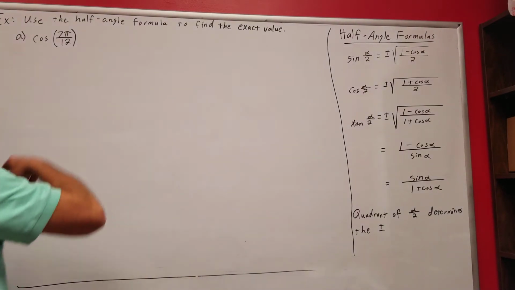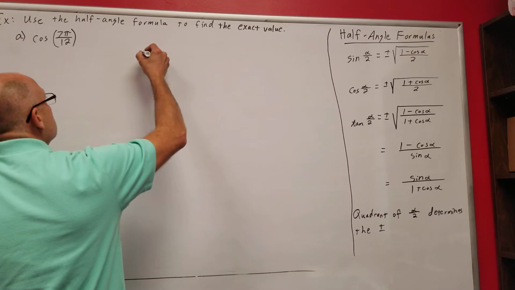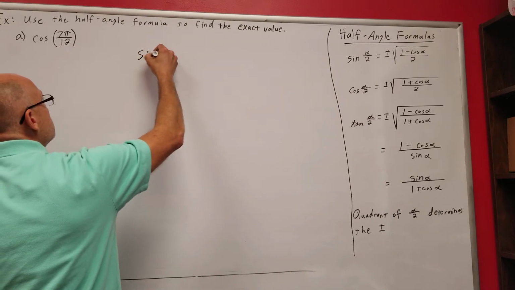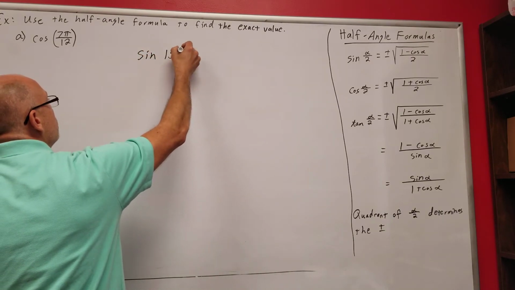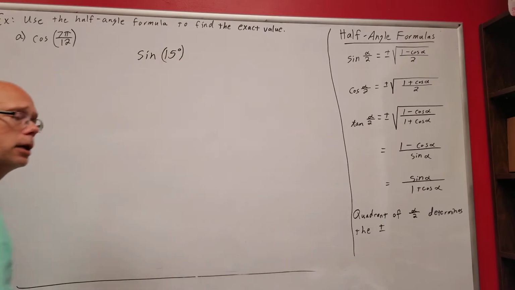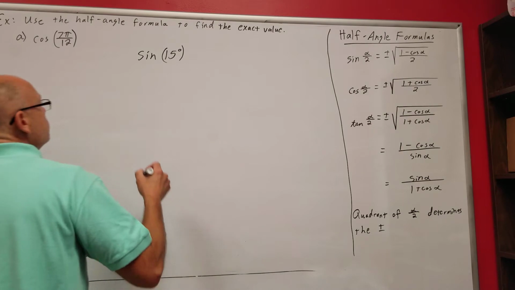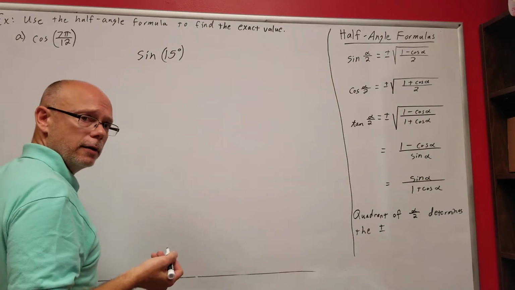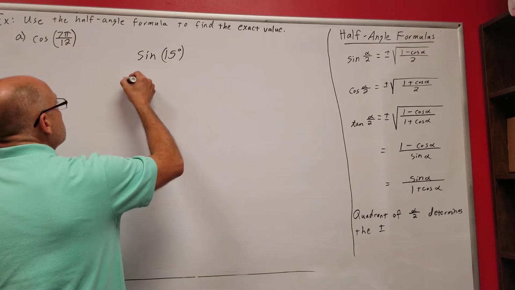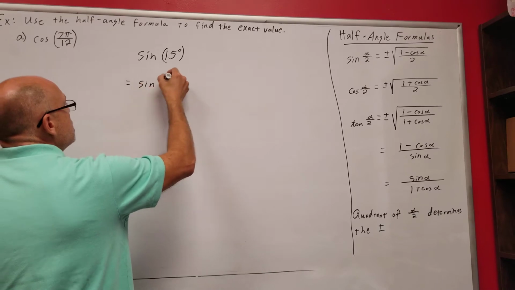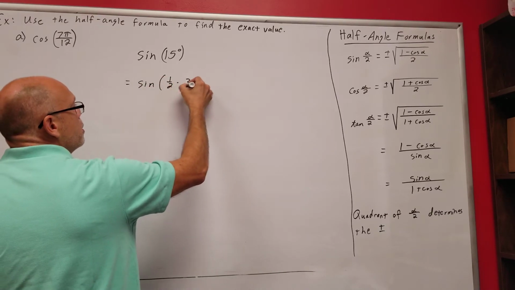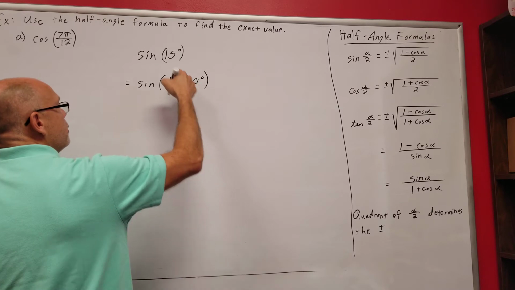All right, before I do this example, let's actually do one. It's not even in our notes, but let's do one like, say, the sine of 15 degrees, so we can get a good handle on this. I don't know the exact value of it. So what I do is I look at this as the sine of 1/2 of 30 degrees, because 1/2 of 30 is 15.